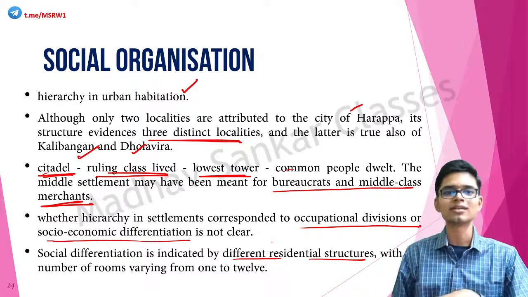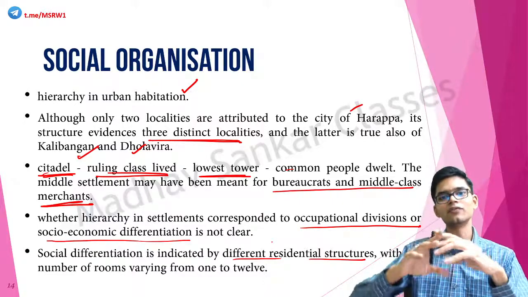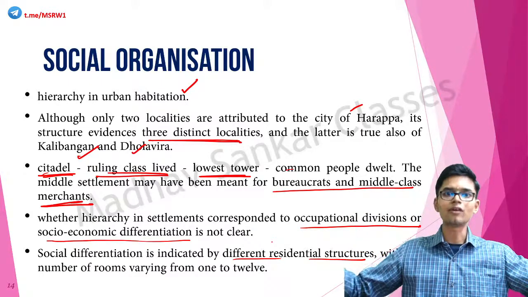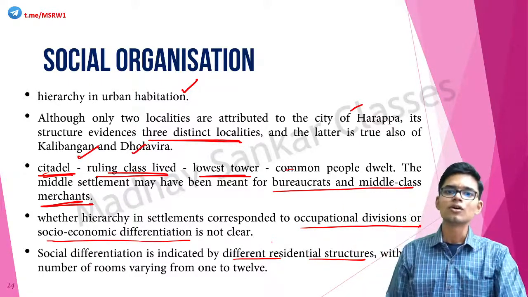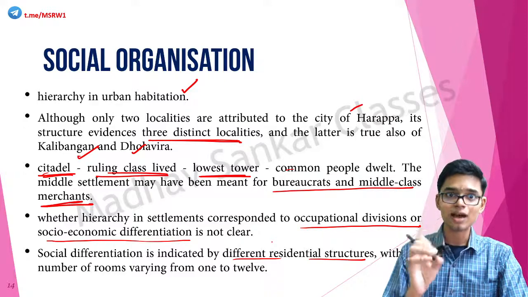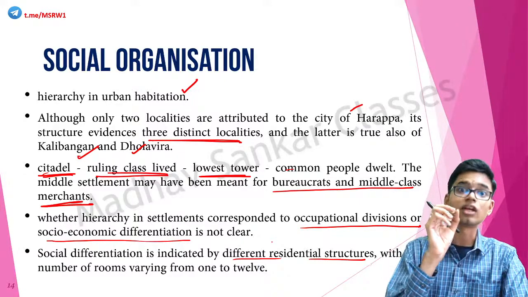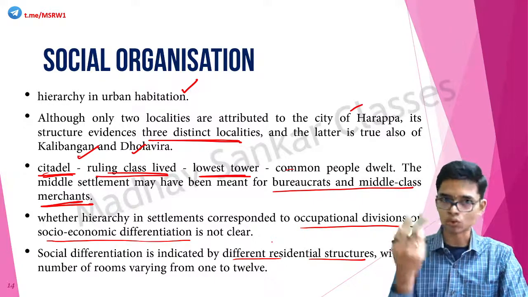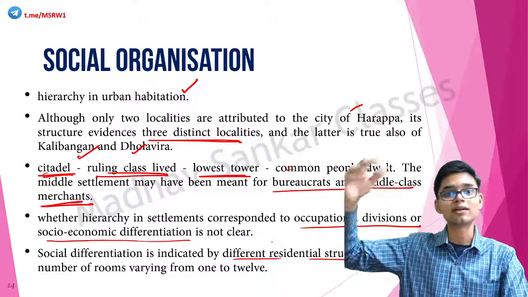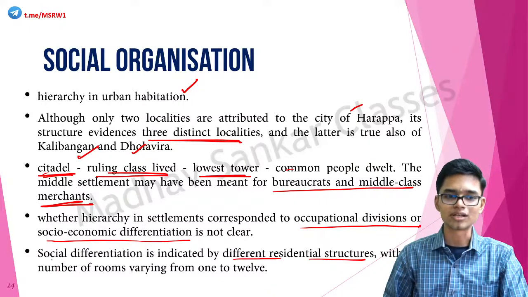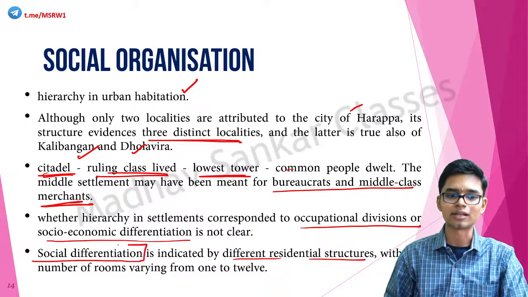If you are a very rich person, you can have a very large house with multiple rooms. If you are not so well off, your house will also be small. Historians have found houses in Harappa with only 1 room, some with 2 rooms, and some with 10 to 12 rooms. So clearly there existed a social differentiation in Harappan society.